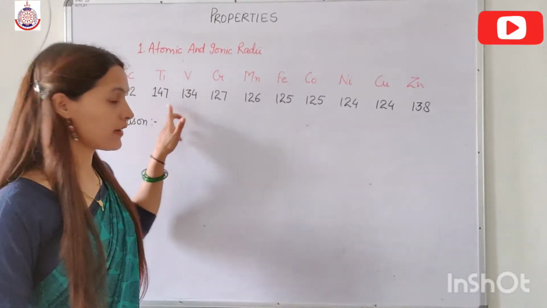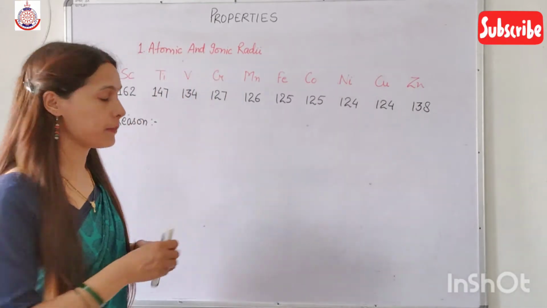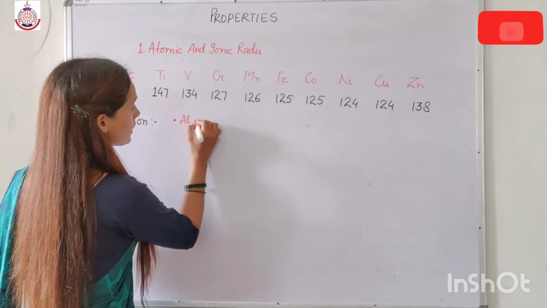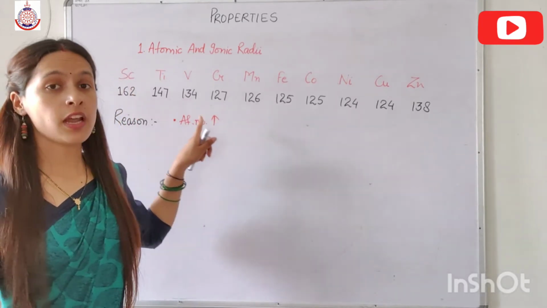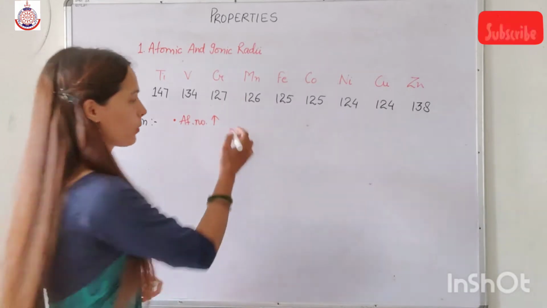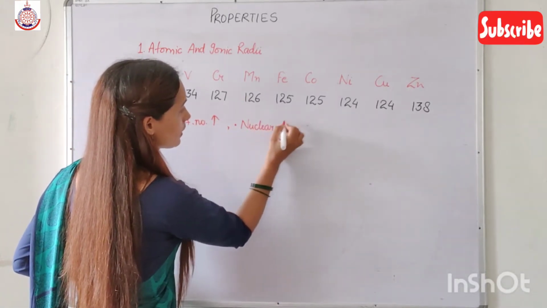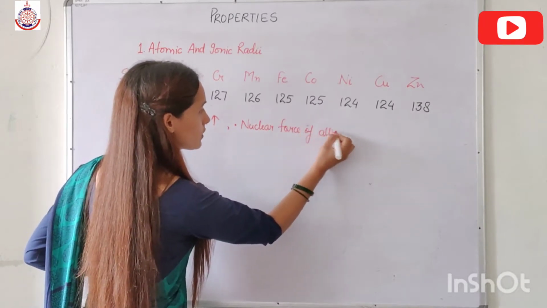As we move from left to right in a period, what happens? First thing, atomic number increases. Due to the increase in the atomic number, nuclear force of attraction also increases.